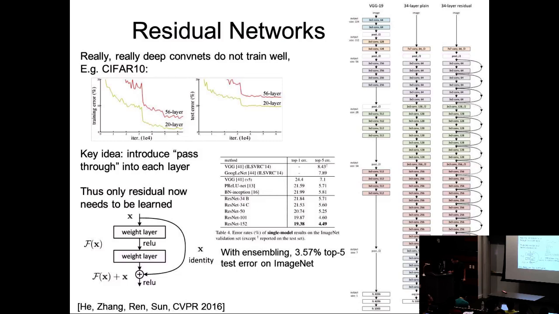So you have these skip connections that jump through multiple layers, right? And what they were able to show is that these residual networks could achieve top 5 error of about 5%. With ensembling, you get 3.57% top 5 test error on ImageNet, which basically was hitting about human level accuracy for this data set.